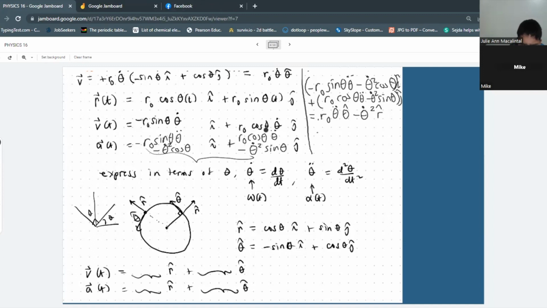Left, r cosine, negative r theta sine theta. So here. That's correct. Then the minus theta dot squared cosine. Oh, that's correct. Now this one. The dimensions are wrong because the first term has units of meter per second squared, while the second term is only per second squared. Something is missing.